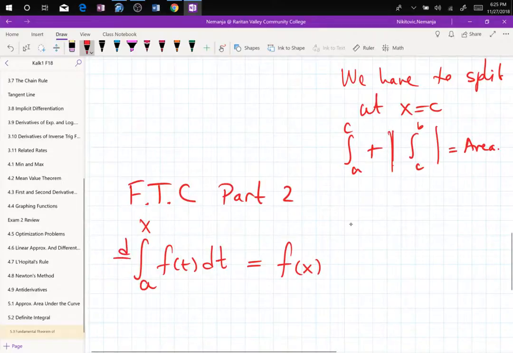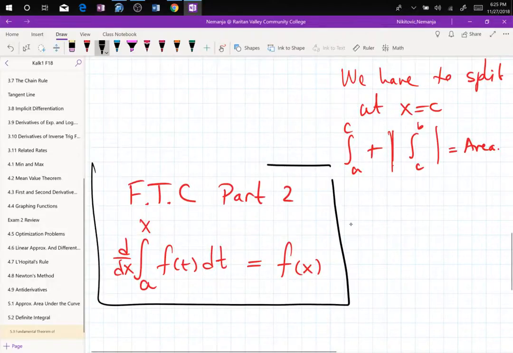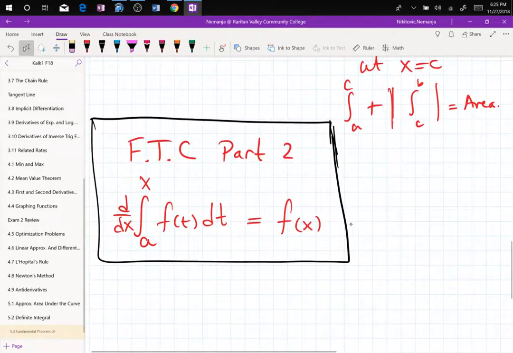Oh, there's d dx in front. Oops. There we go. Much better. So what does this technically say, keeping in mind that this is the lowercase f and this is the lowercase f as well? What does this technically say?